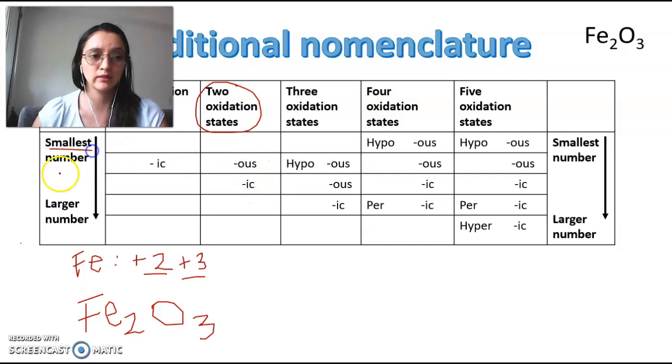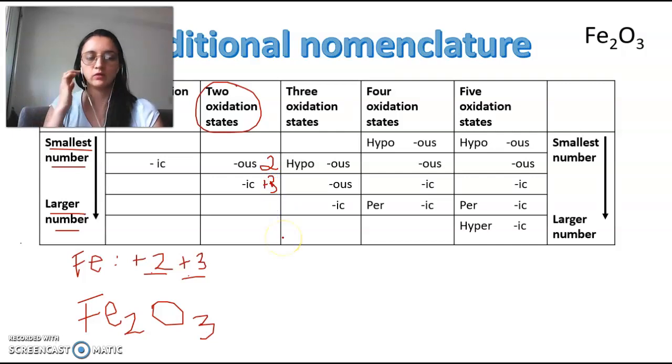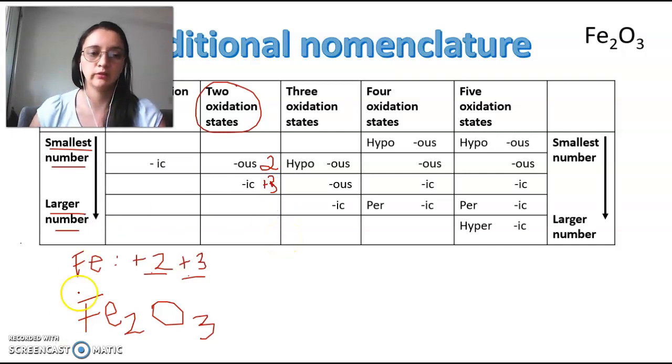For the smallest number, in this case +2, I am going to use O's, and for the larger number, I'm going to use ig for +3. And this is supposed to be a 3. Okay, so that's how it works. Look for the element, look for the oxidation states, and if you want to write them in here, or if you just want to focus on your compound, up to you.